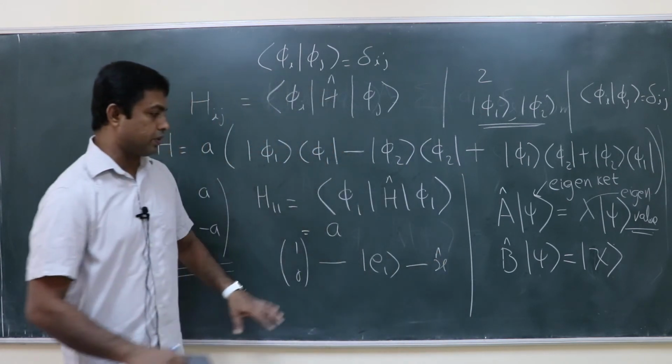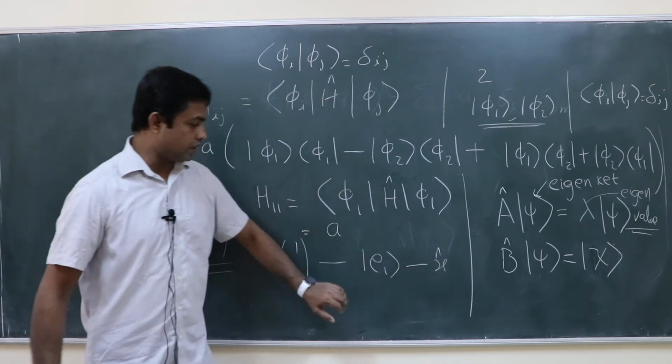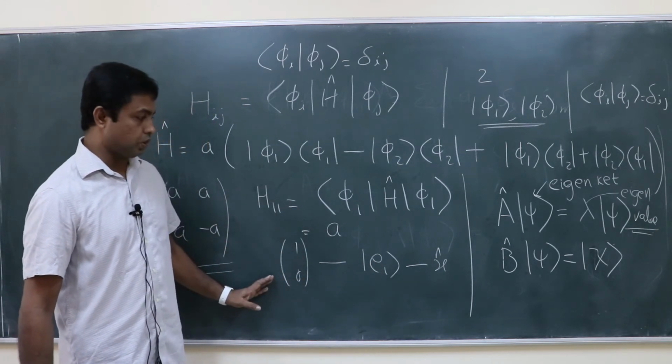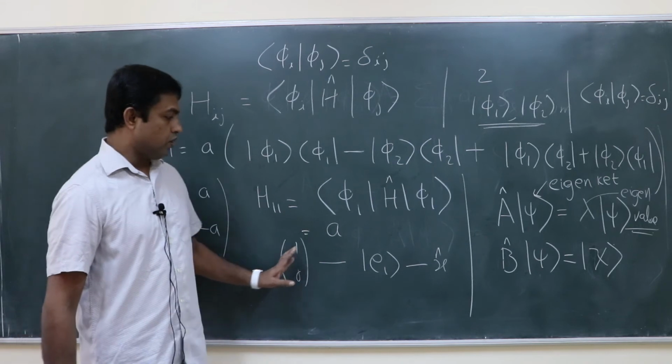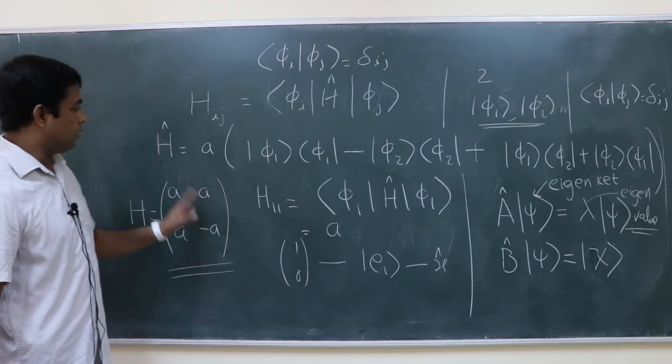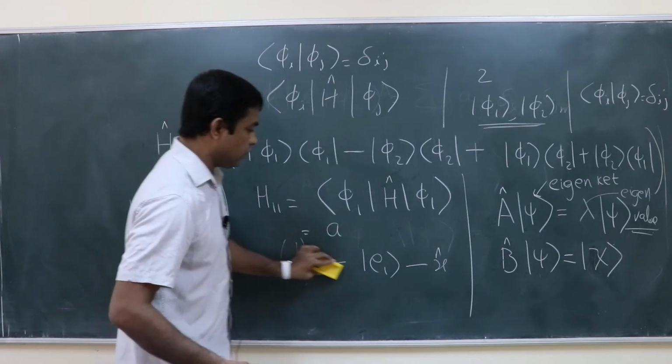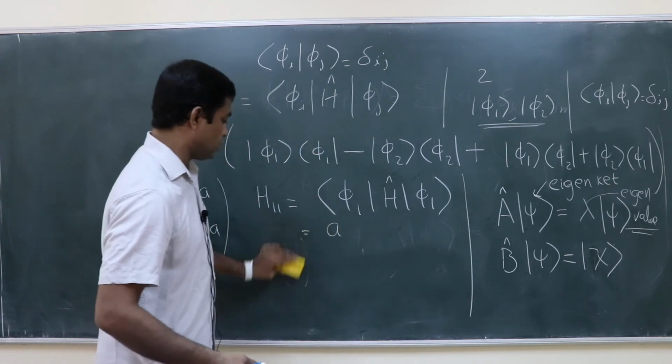These are all different representations. X cap is a unit vector, ket E1 is a unit vector, so its matrix representation is 1 0. So there is a one-to-one correspondence, you can go from one to the other. So eigenvalues will be the same. There is no question about that.